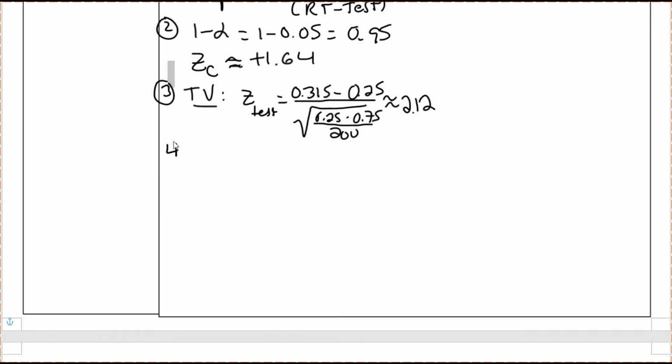So we got step 4, we need to make a decision. We're going to quickly draw the curve here, just a quick sketch.